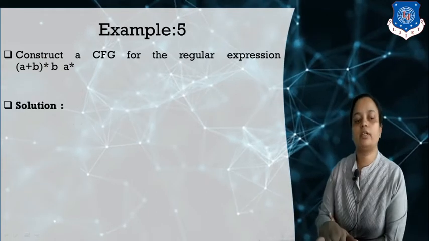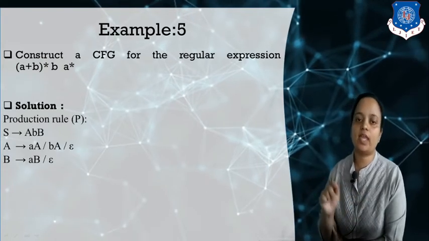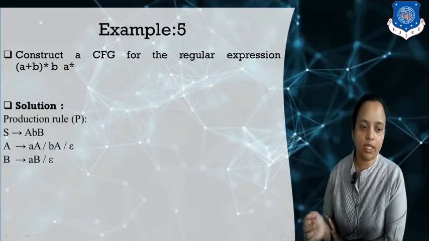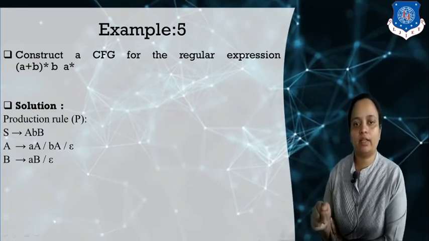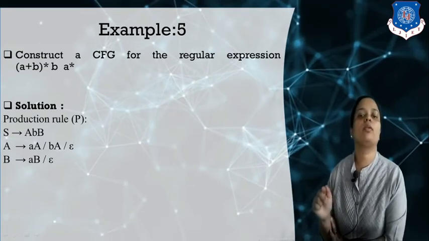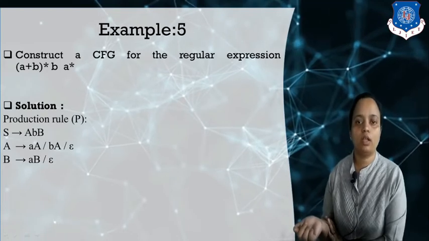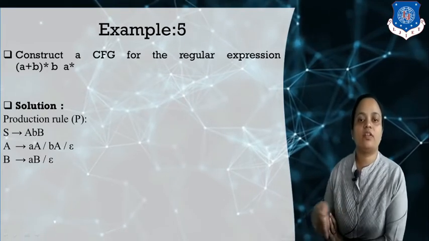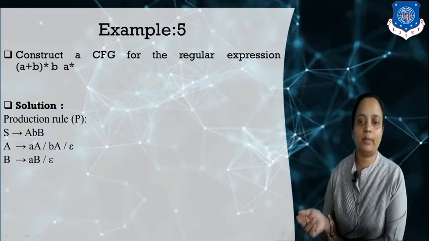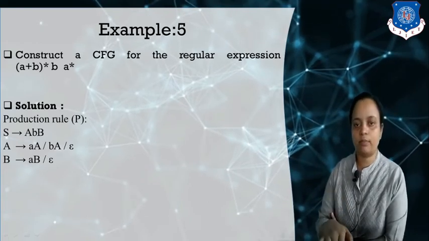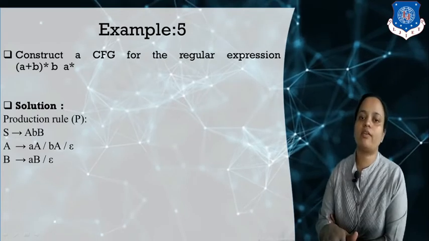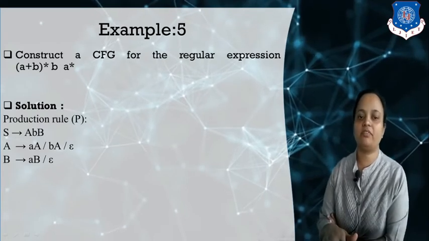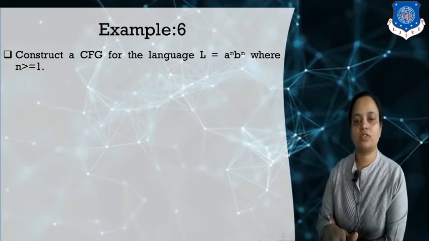So here I have written the regular expression as S derives A dot B dot capital B. A derives small a capital A, or small b capital A, or null, whereas B is given for a number of A's. So B derives small a capital B, or B derives null. In this way we can write down the context-free grammar for this given regular expression.